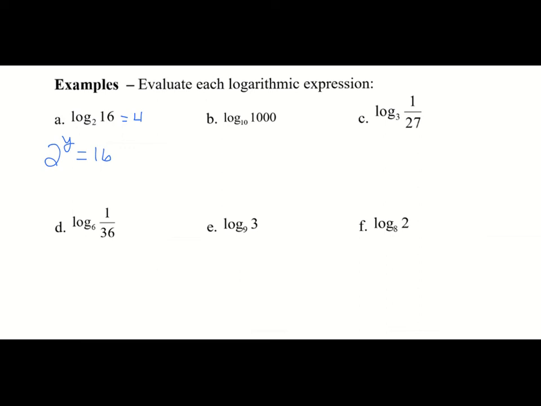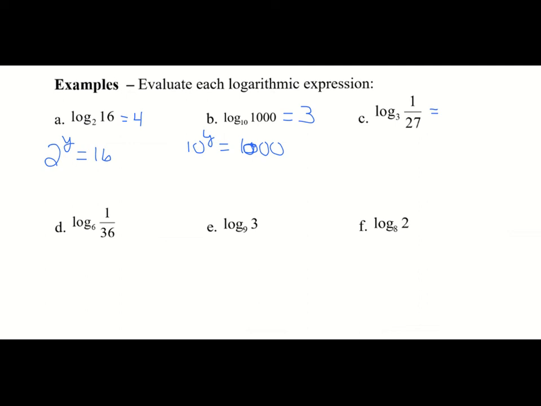Same thing here. Think 10 to the what power equals 1,000. And I know 10 to the second power equals 100. So 10 to the third power equals 1,000. For C, whenever you have a fraction, I want you to think, what kind of exponent gives us fraction answers?